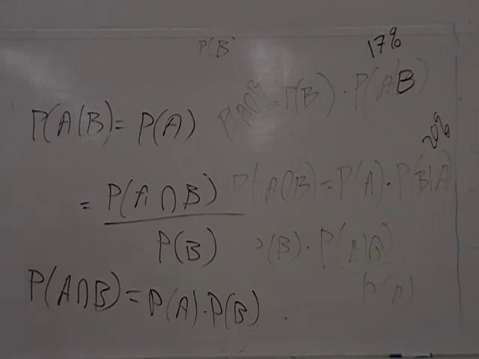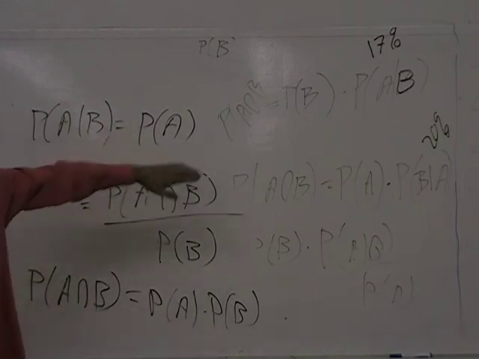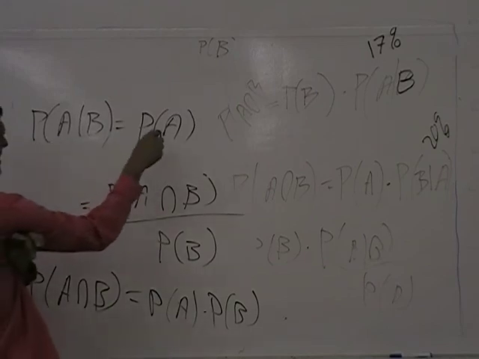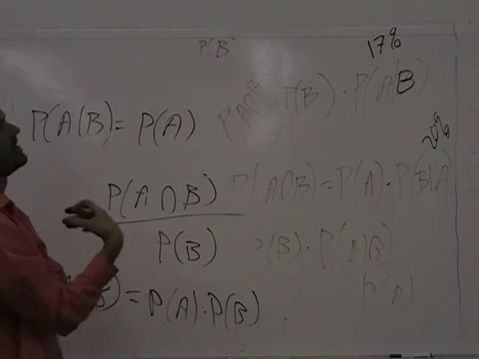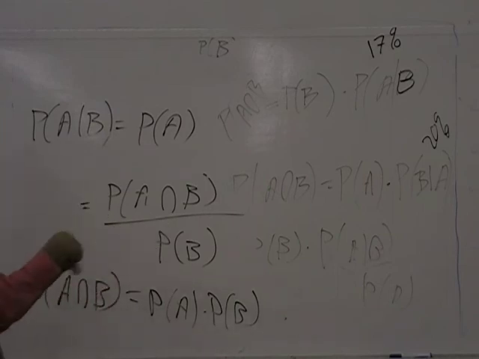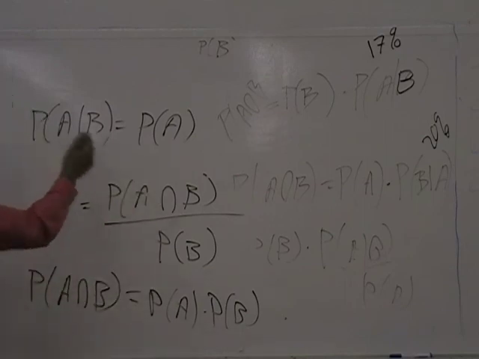But you can only do that when you have statistical independence, where there is no conditional probability for A given B or B given A.